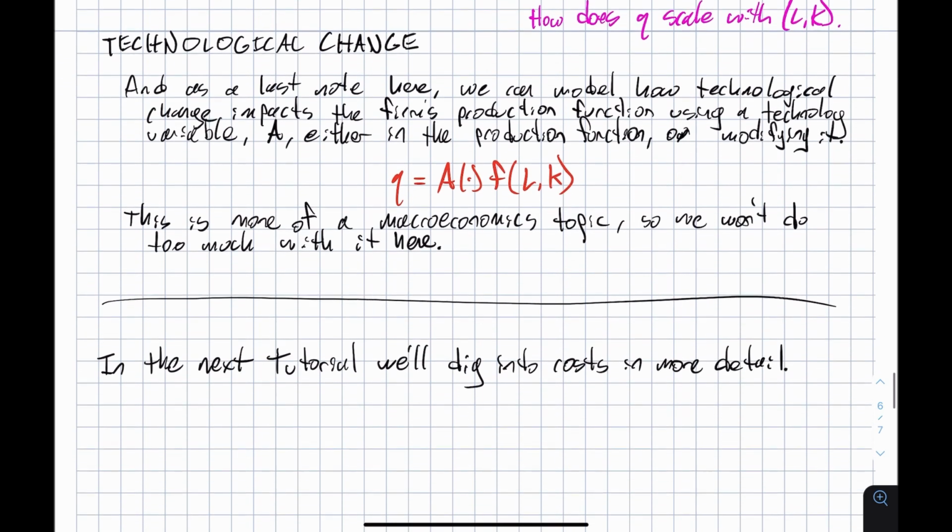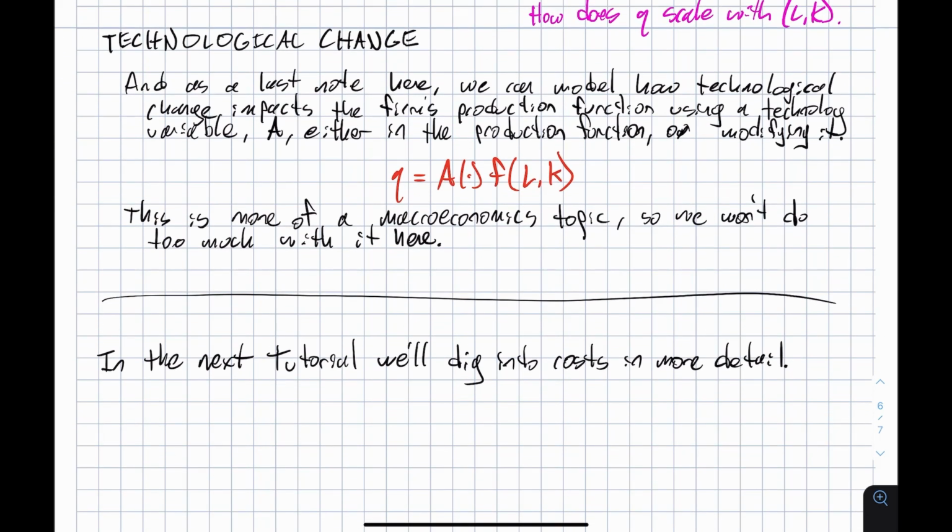Okay. And lastly, before we close out here, just a note on technological change. This is more of a macro topic, but we can put some variable, often called A, out front of the production function. Sometimes we write this as A as a function of T, which measures changes in our technology level over time.